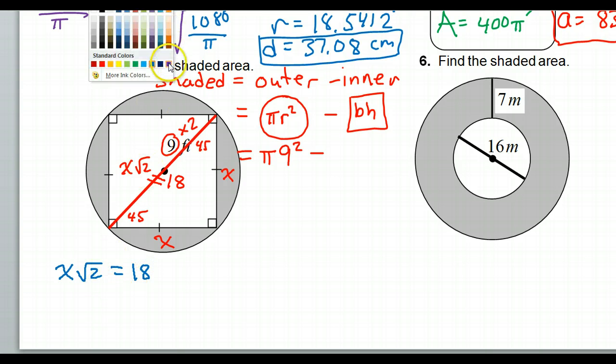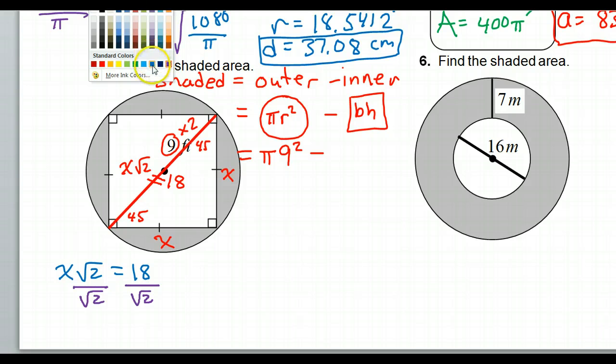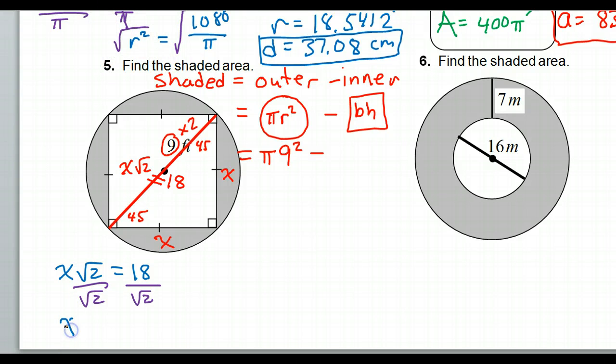Then I can just divide both sides by radical 2 to get x by itself, and it turns out that x is 9 radical 2. That means these sides of the square are 9 radical 2.